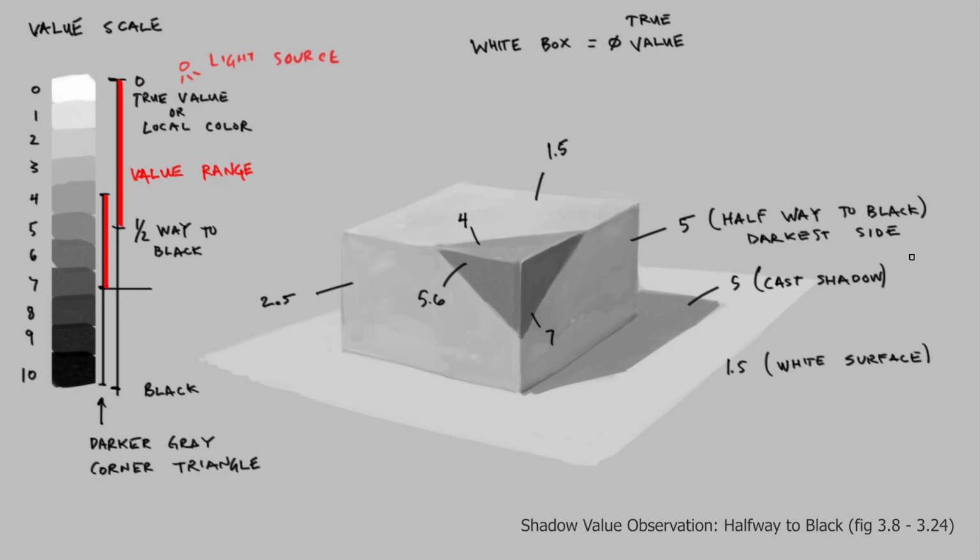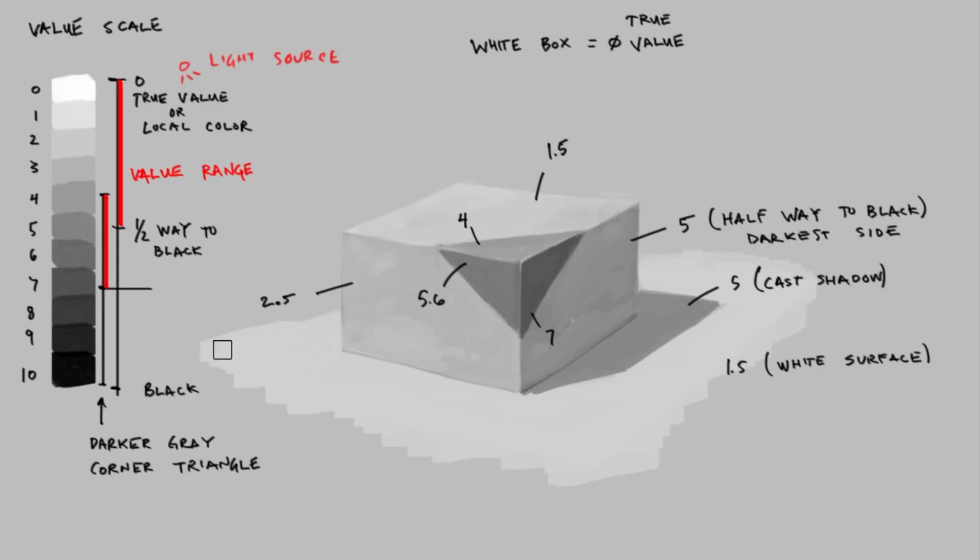Here I'm finessing that white surface again, trying to make it look good, and eventually couldn't get it to look the way I wanted it to look, so I scrapped it completely.